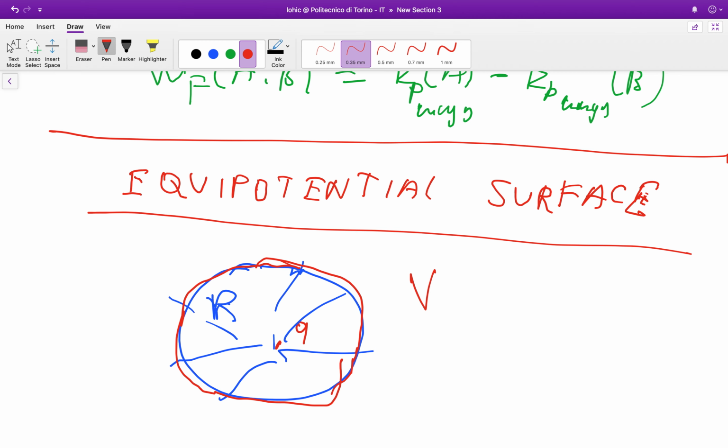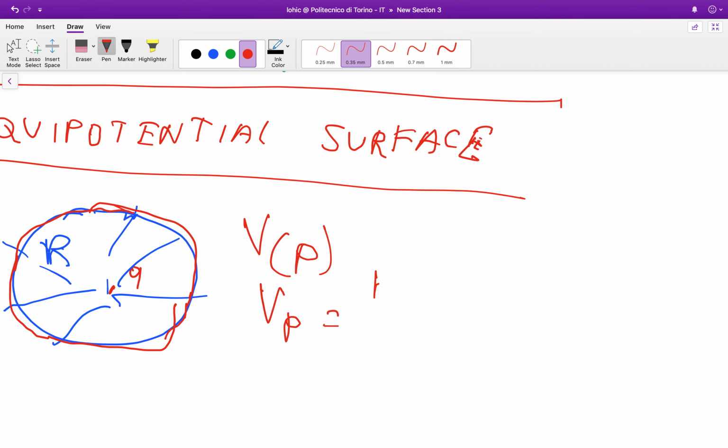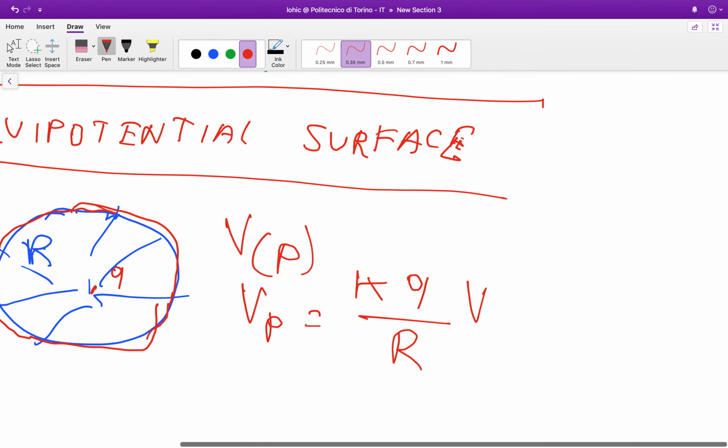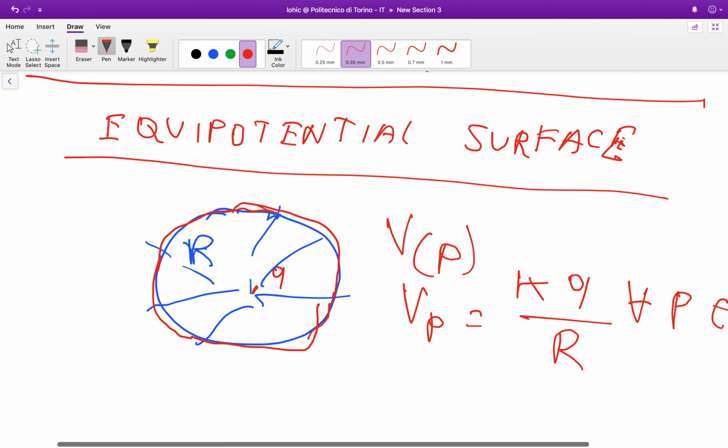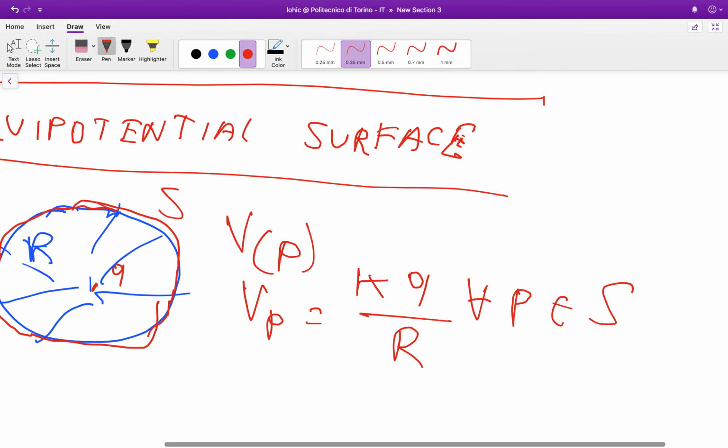So the potential at P, VP, is equal to K times Q divided by R for all the points belonging to, let me call this surface S, for all the points belonging to S. Yes or not?